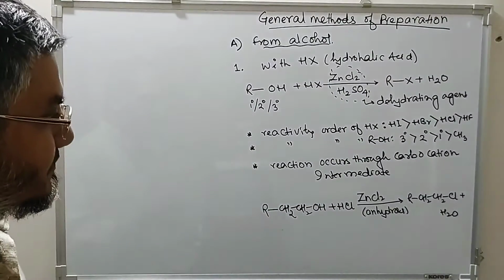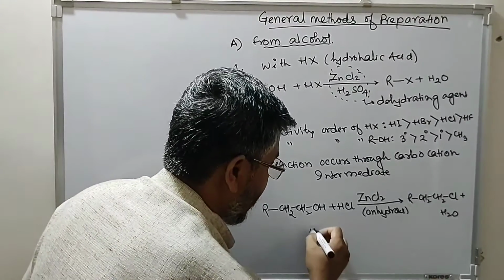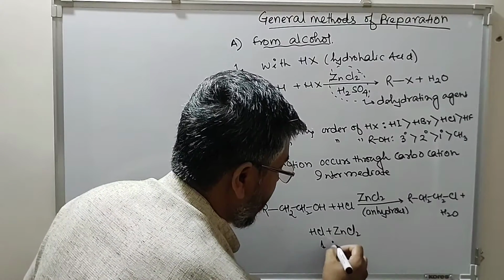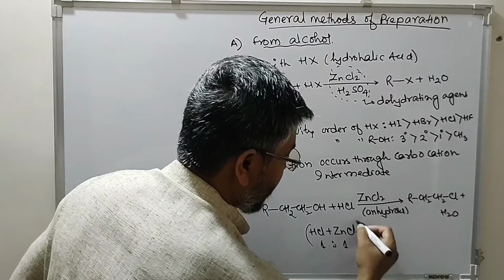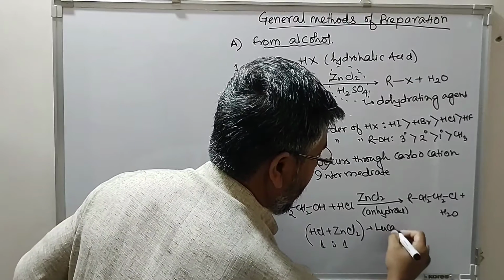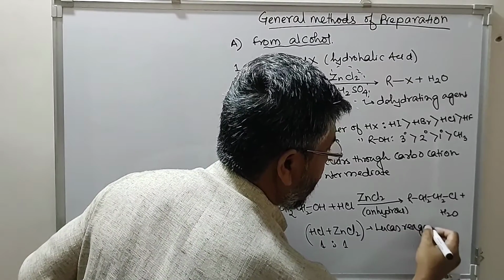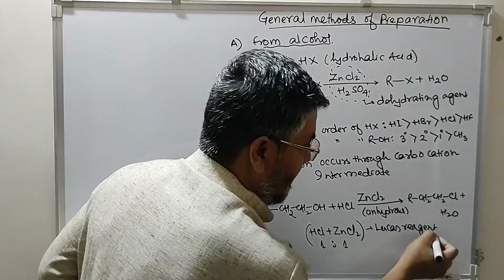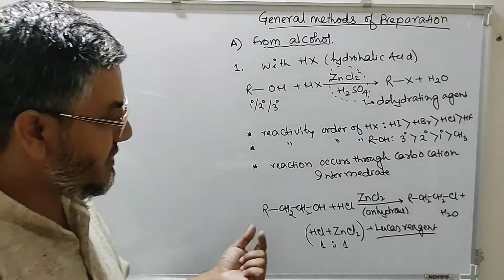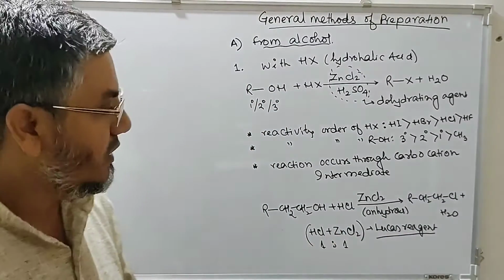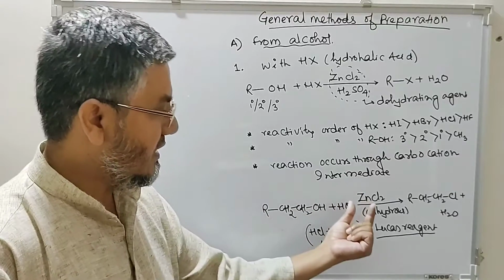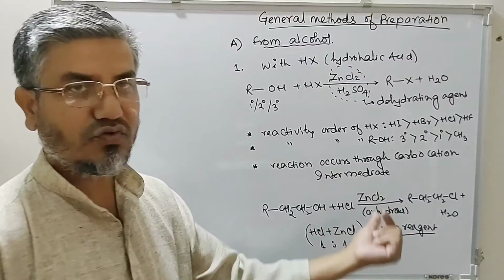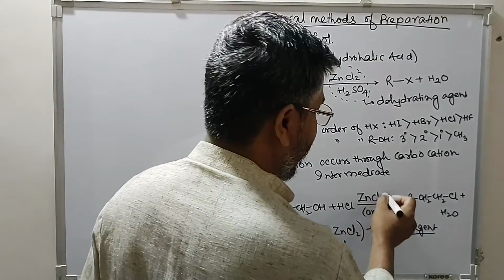In this reaction, if HCl plus ZnCl2 is taken in 1:1 ratio, then this mixture is known as Lucas reagent, and the reaction is known as the Lucas test. Just keep in mind, Lucas reagent is a 1:1 mixture of HCl and ZnCl2. Now this being primary helps in easy removal of OH, and ZnCl2 is acting as a Lewis acid catalyst.